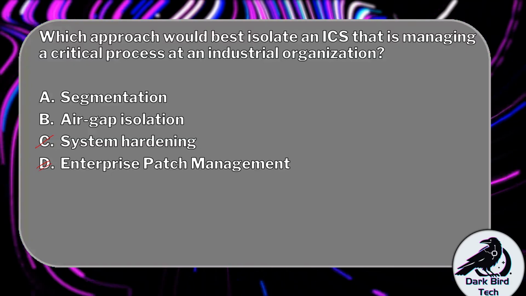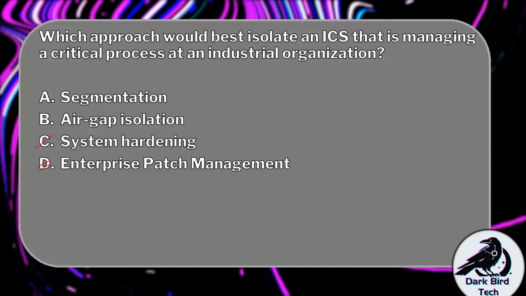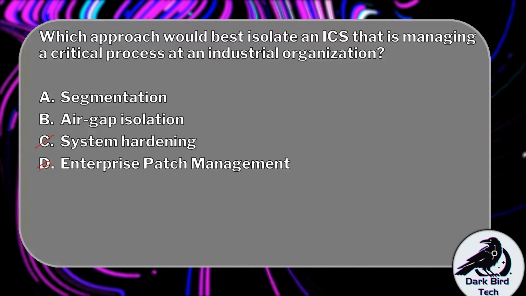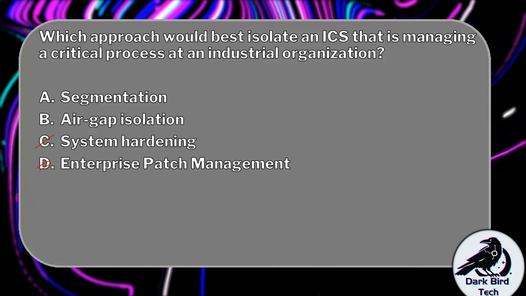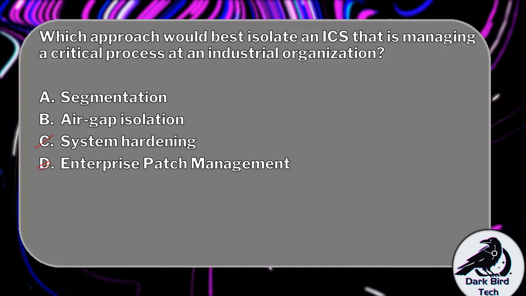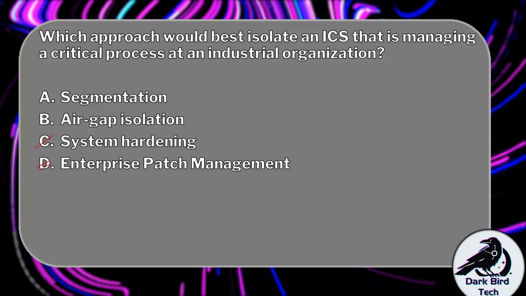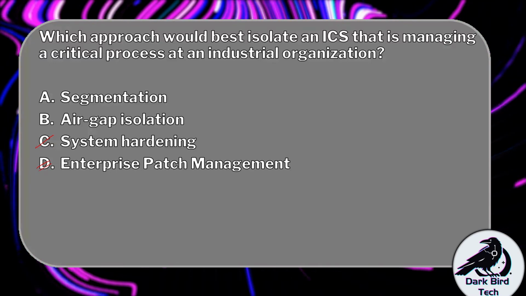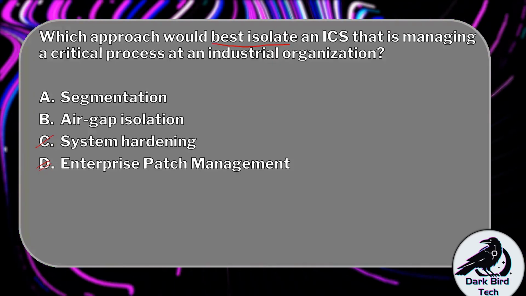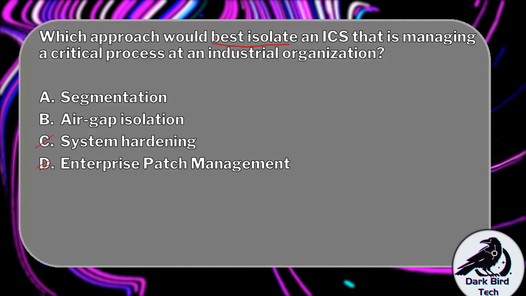Now, here's where it gets tricky, because segmentation allows for WAN connectivity, whereas air gapping is an extreme form of segmentation that doesn't allow for WAN connectivity. So let's review that question again. Which approach would best isolate an ICS that is managing a critical process at an industrial organization?